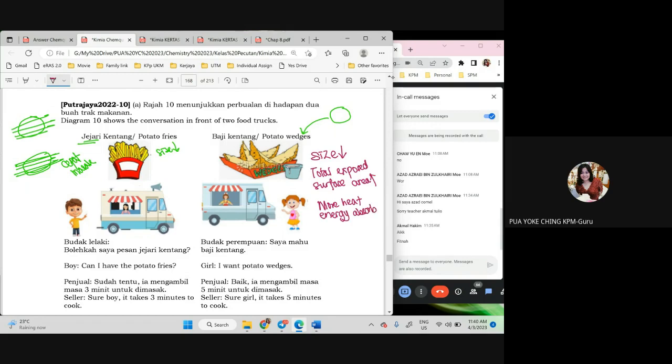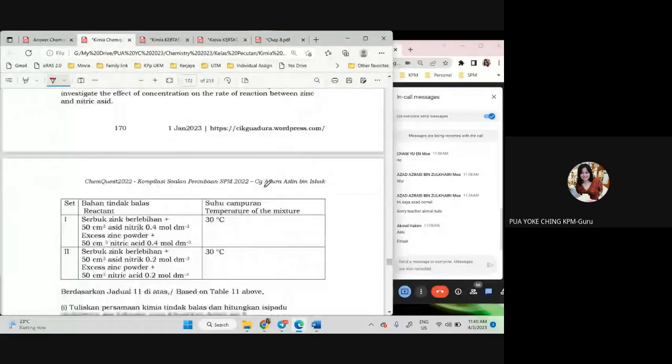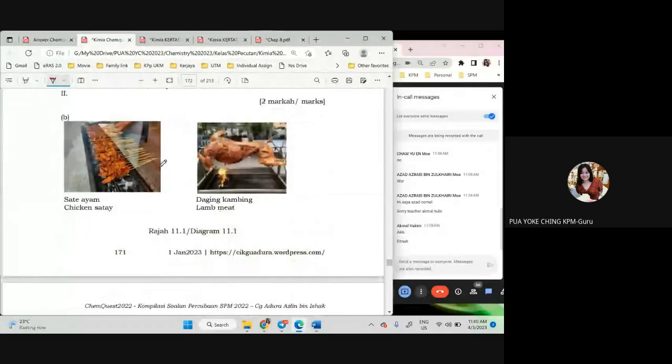Lebih banyak tenaga haba diserap. So it will cook faster. Lebih cepat masak. So this is rate. Sama dengan sate ni.